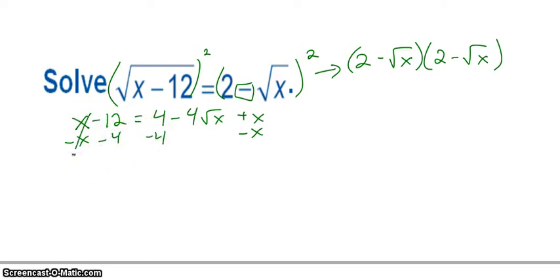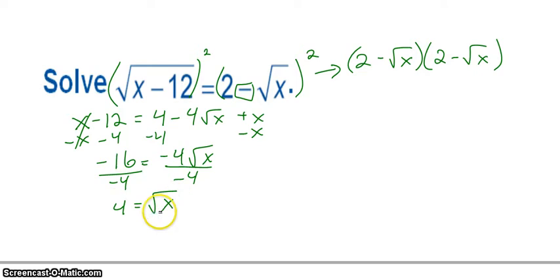So my x's cancel out. Now, to get rid of that negative 4, we're going to divide. And square. So I've got 16 equals x.